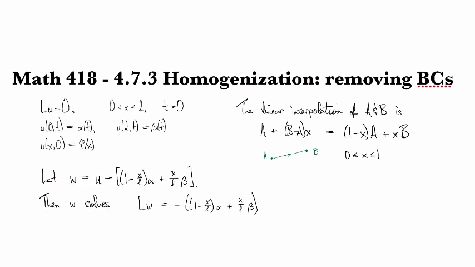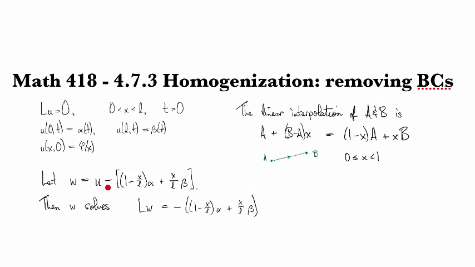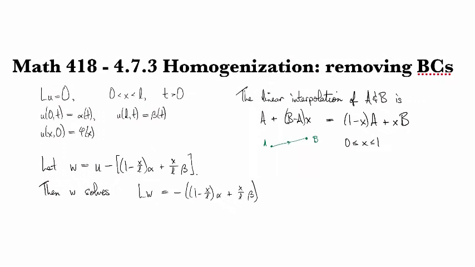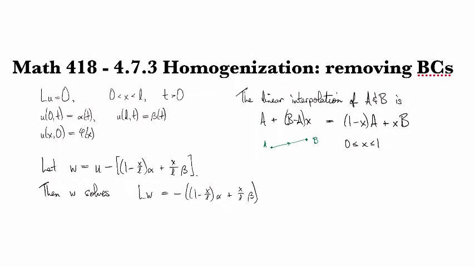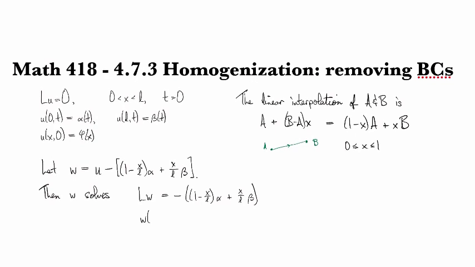Because when we feed W into the PDE, this part just dies, and we're left with minus the rest of it, right? So that's the trade-off. We get a non-homogeneity in the PDE, but now we have homogeneous boundary conditions.